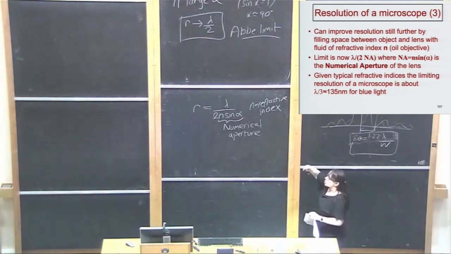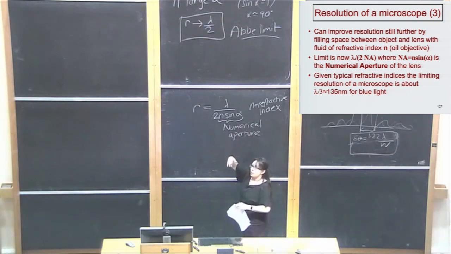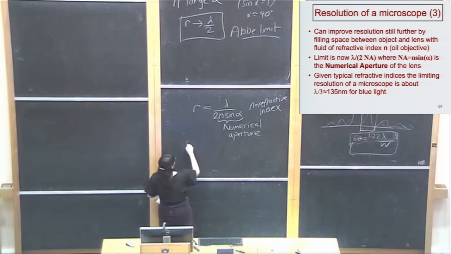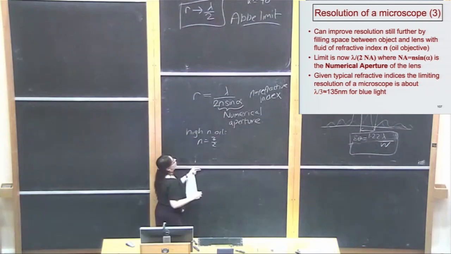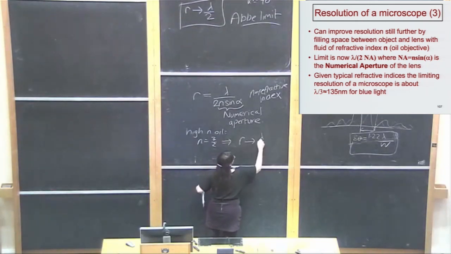So for example, just to make it a bit more practical, you could put a little drop of oil between your lens and your object, right? So let's say high n oil, the highest you can do is about n of about 1.5, and so that means that R goes to about lambda over 3, right?